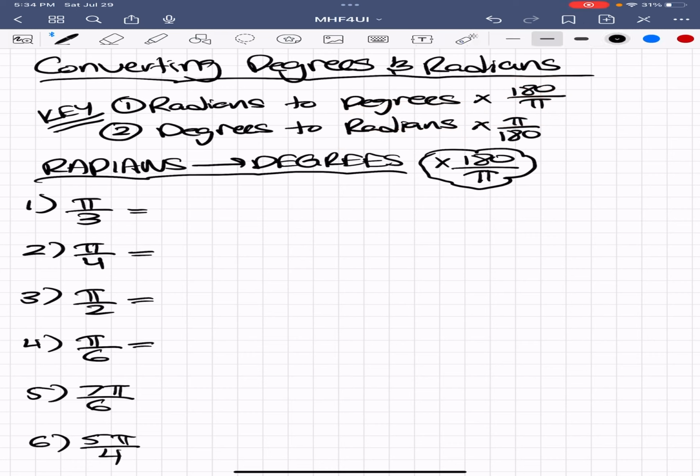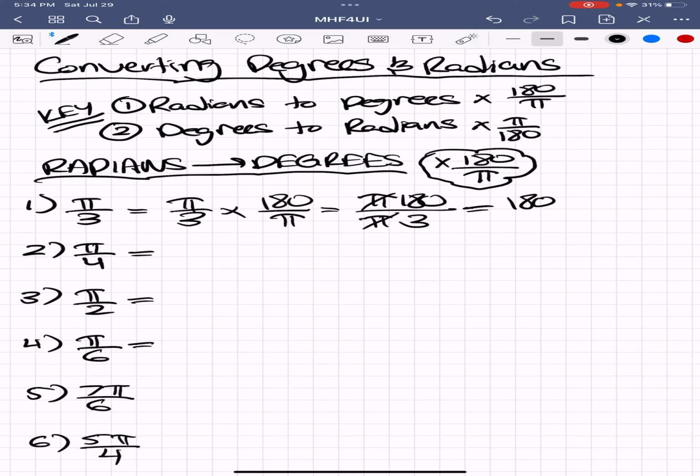So let's begin. We have pi over 3 multiplied by a conversion factor. Pi is common on the top and the bottom, and we're left with 180 divided by 3, which is 60 degrees.